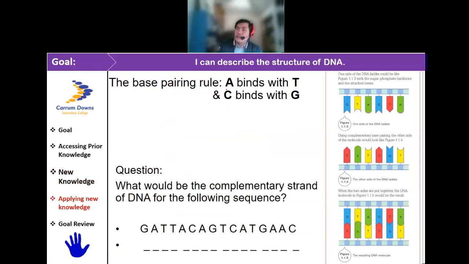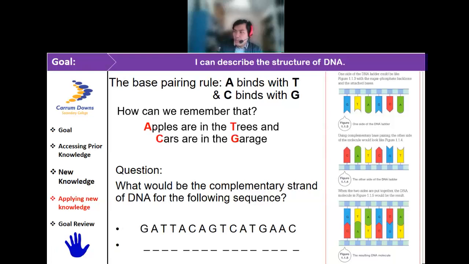So the rule is that adenine binds with thymine, cytosine binds with guanine. One way to remember this, and this is just one way, is: apples are in the trees and cars are in the garage.